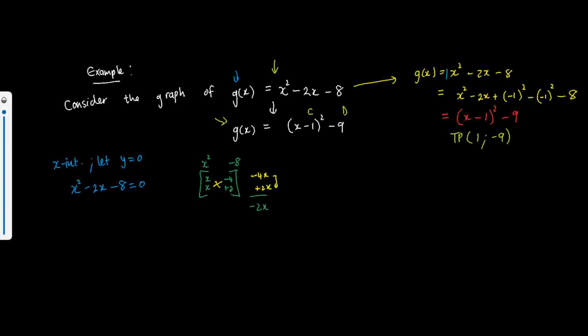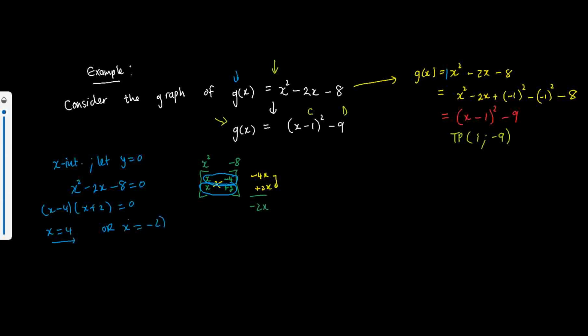So what are my two factors? It's going to be x minus 4 and x plus 2 is equal to 0. So I have x is equal to 4, or x is equal to negative 2.